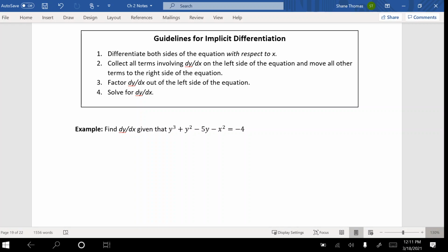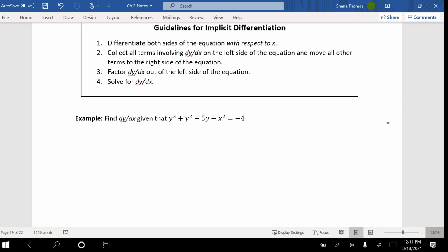So this first one, I'm going to put in each individual step. We're going to go step by step throughout this. It might look like we're writing too much, but this first one I want to break down as far as possible. All right? So here we go. We're going to take this equation and find d dx for both sides, the derivative with respect to x.